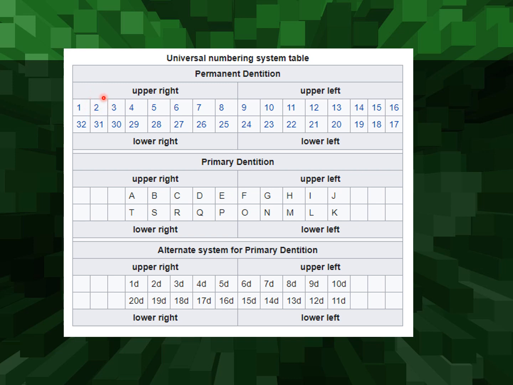Upper right second molar has number 2, upper right first molar 3, and step by step clockwise. Upper right, upper left, lower right.